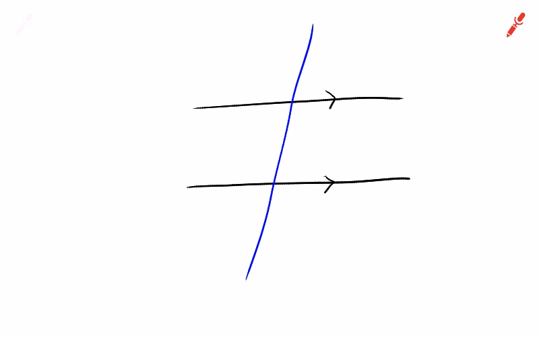Okay, so first thing to know when dealing with questions like the ones that you sent me is that you have a set of parallel lines, which are denoted with the arrows, and then you have another line that's called a transversal. So we have parallel lines and a transversal.